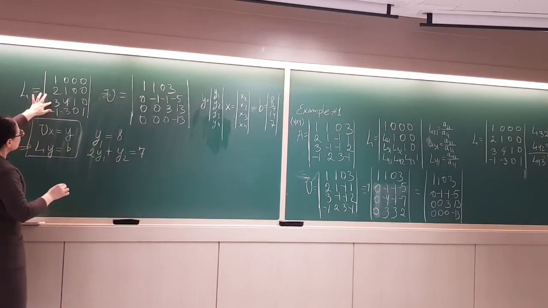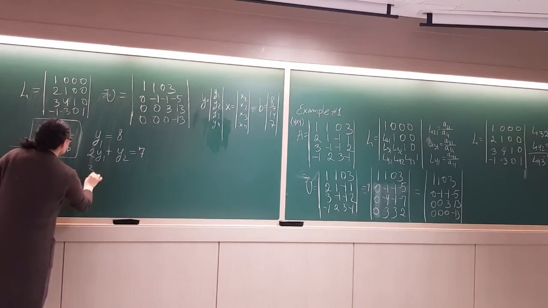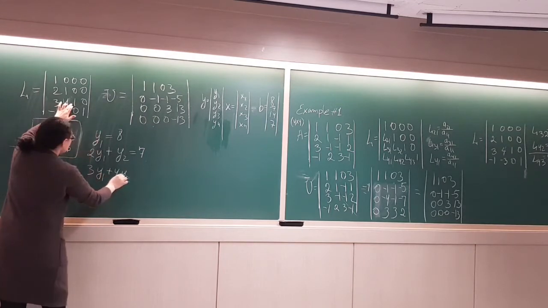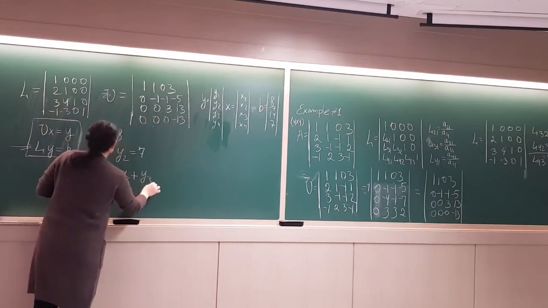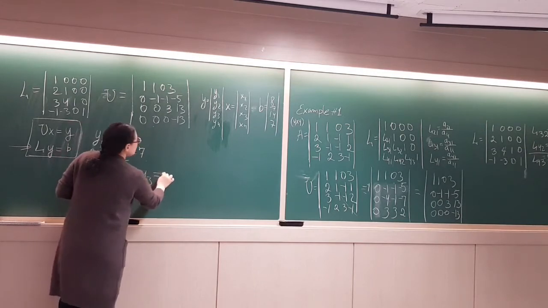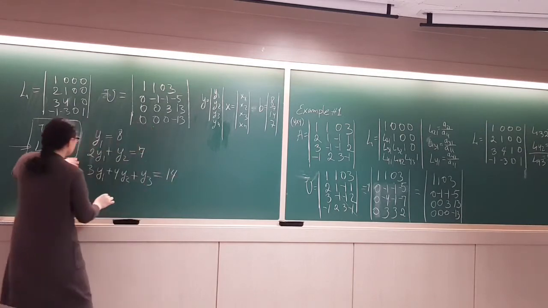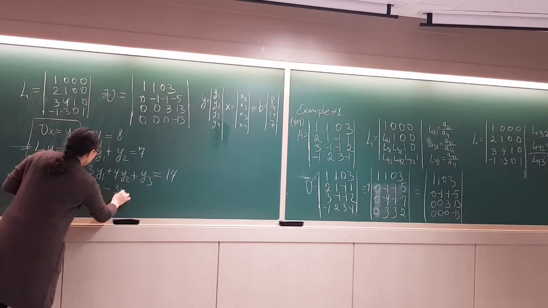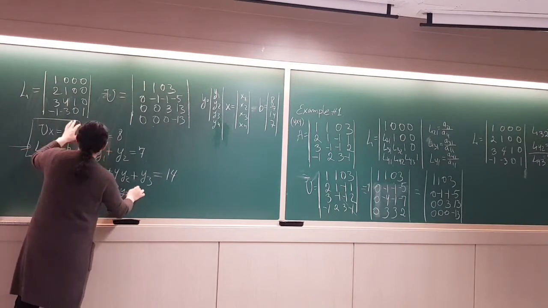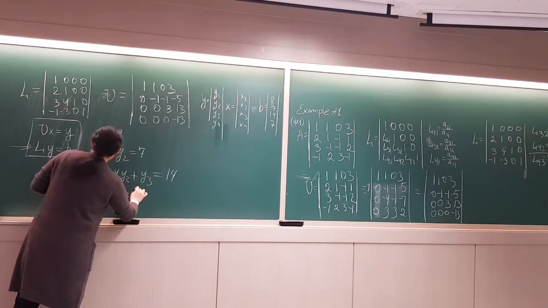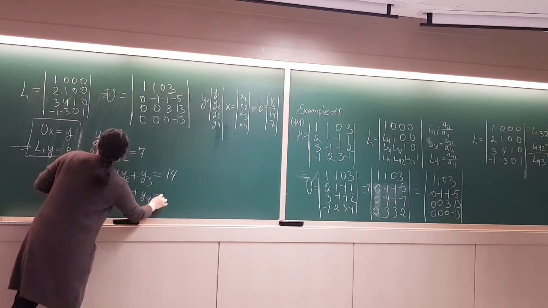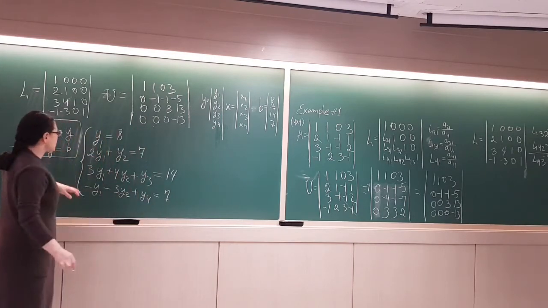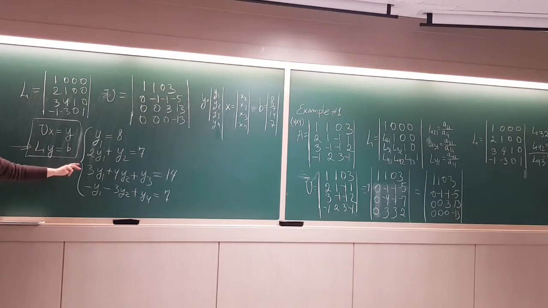The next equation, 3y1 plus 4y2 plus y3 equal to 14. And next is minus y1 minus 3y2 plus y4 is 7. From here we need to find y1, y2, y3, y4.